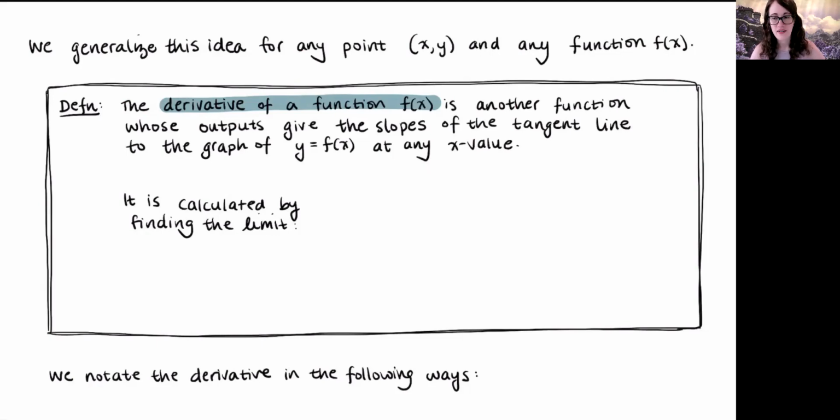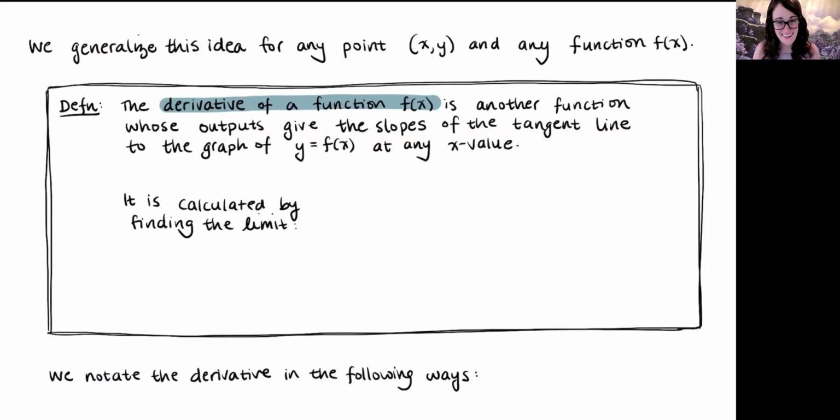In other words, another function. So the derivative is another function, but this time the information it tells you isn't the height of the function or the y values. The outputs give the slopes of the tangent line. It's a formula for the slopes of the tangent line to the original graph y equals f of x at any x value.